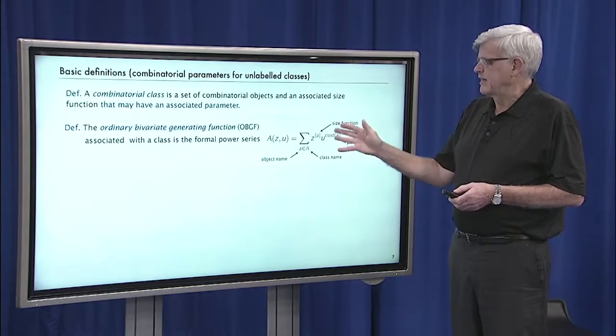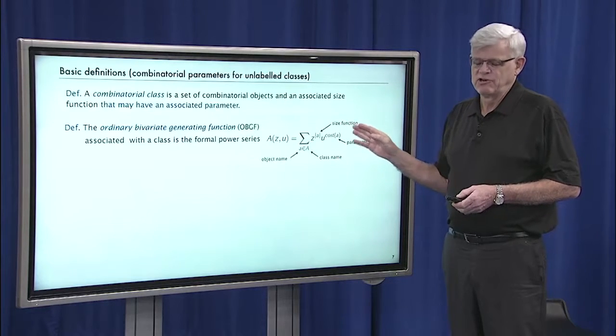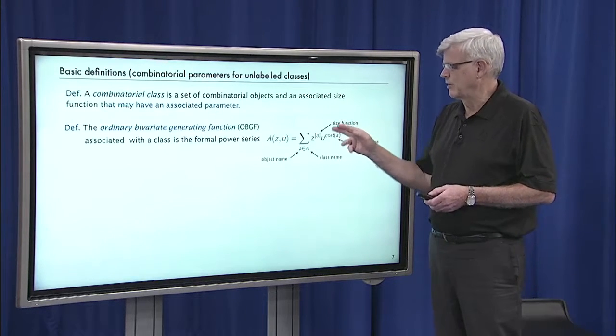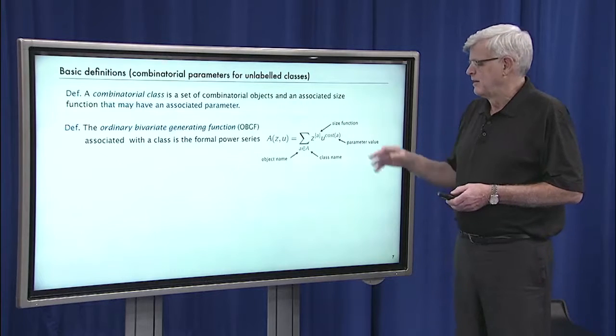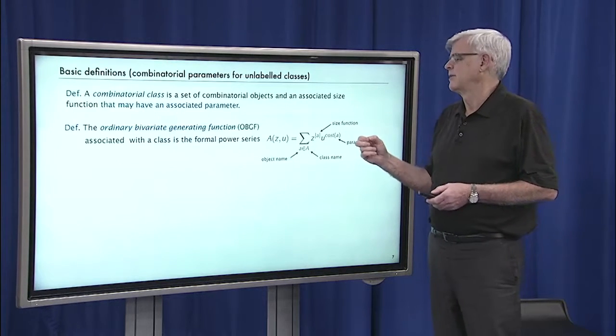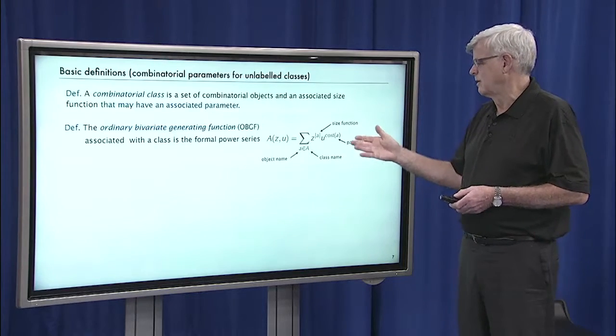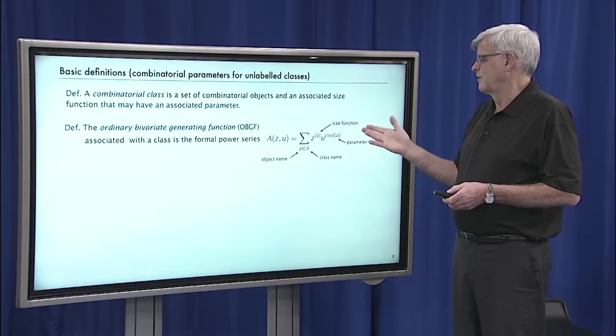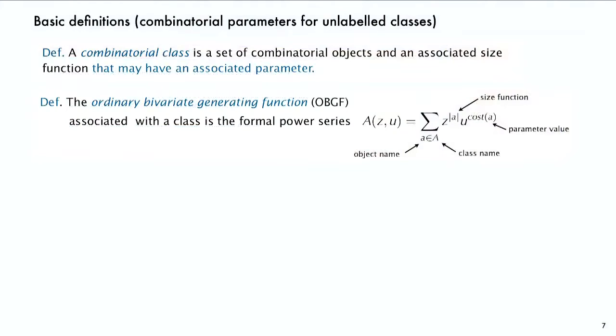Given that, we can write a bivariate generating function, a generating function with two variables. First we'll talk about ordinary bivariate generating functions, just as we did before. For every object in the class, we take the first variable z and raise it to the power of the size of the object, and we take the second variable u and raise it to the power of the cost of the object.